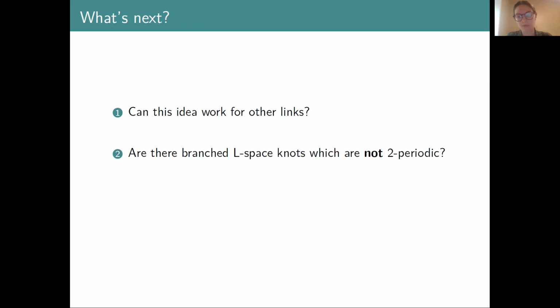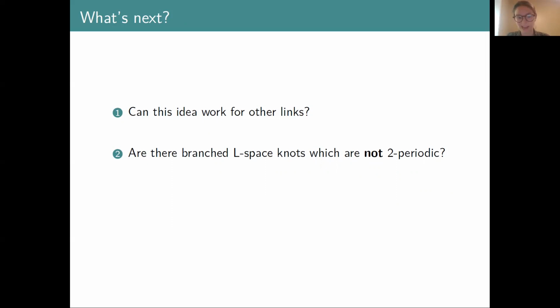So one of your questions might be, can this idea work for other links? And well, in some sense, it does work, for example, to reprove this theorem of Peters and Tarragaido about two bridge knots, but can you get any new results? So that's a great question.